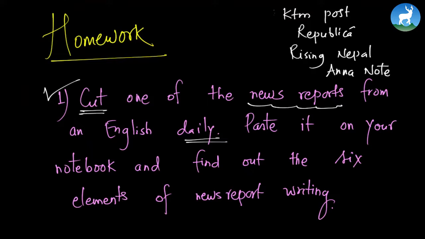So from any of these English dailies, I want you to cut one of the news reports, any news report, which news report does not matter, and paste it in your notebook and find out the 6 elements, at least there are 6 elements of news report writing.